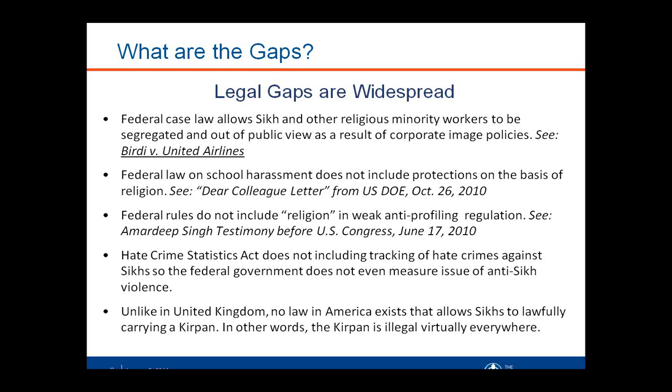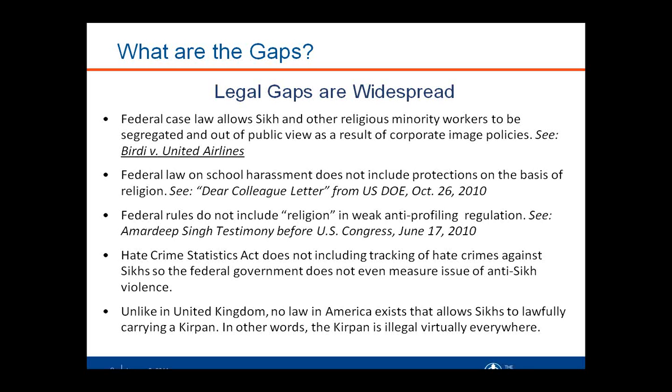Similarly, with regard to federal law when it comes to school harassment, religion is not one of the enumerated protected categories. So for example, if you're harassed in school on the basis of your race, your national origin, or your ethnicity, those are all instances where the federal government can come in and help you, take on your case, and make sure the school has procedures that would stop such harassment.